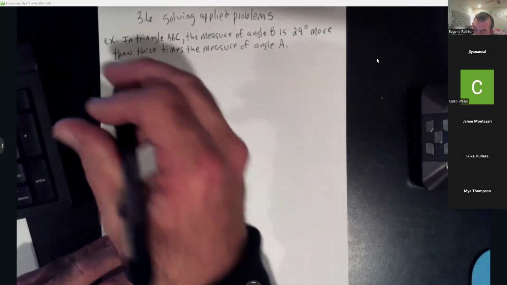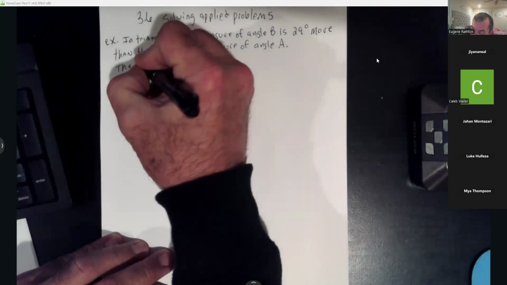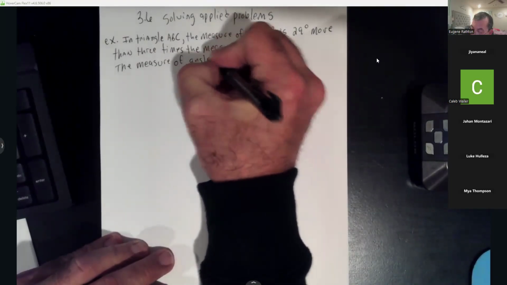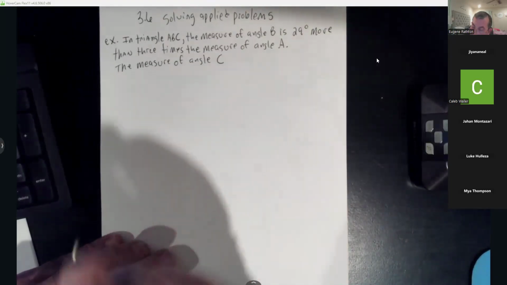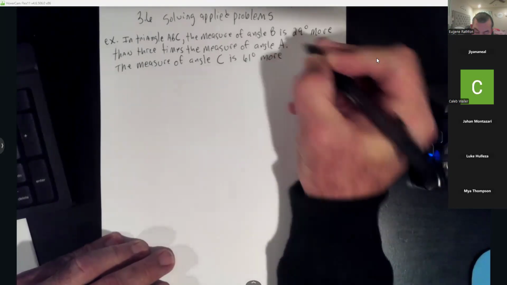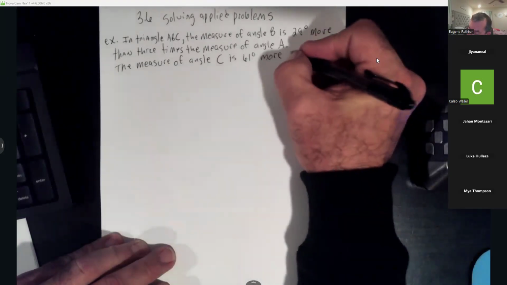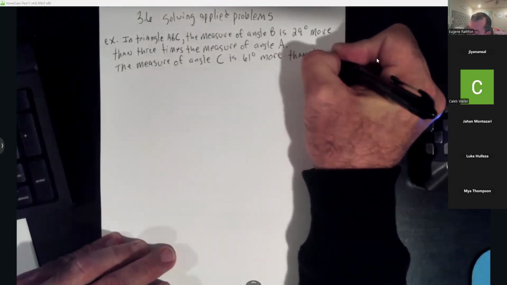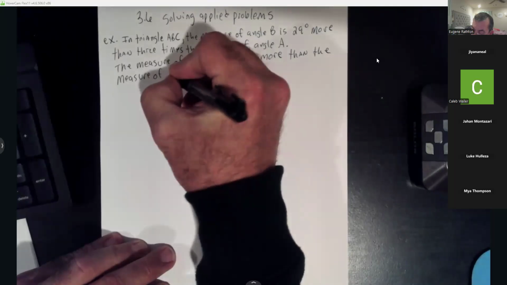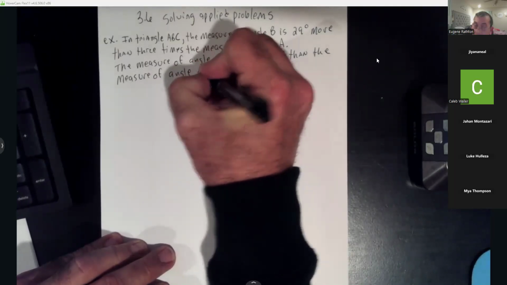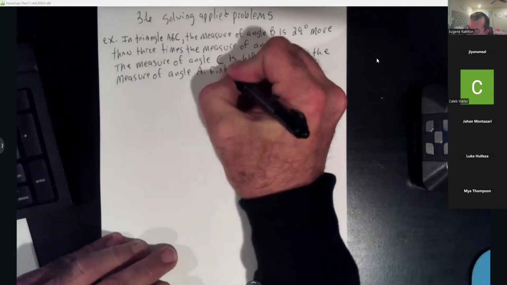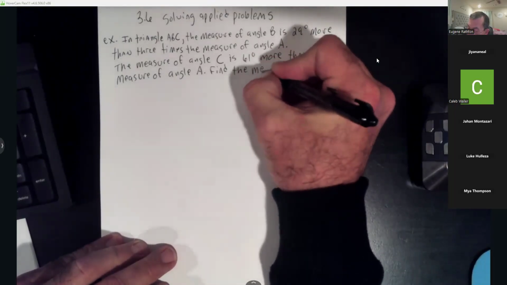Now it says the measure of angle C is 61 degrees more than the measure of angle A. All right, so they gave me these 2 sentences. Then it says find the measure of each angle.